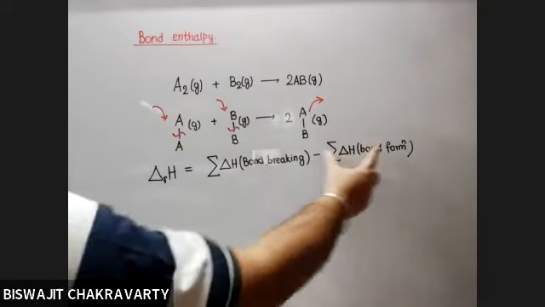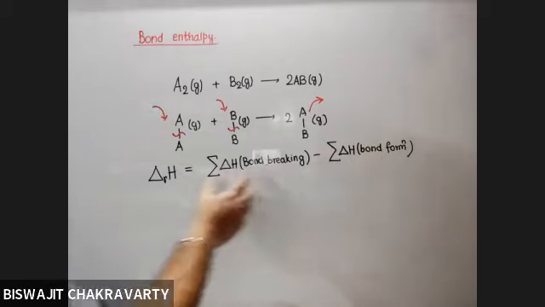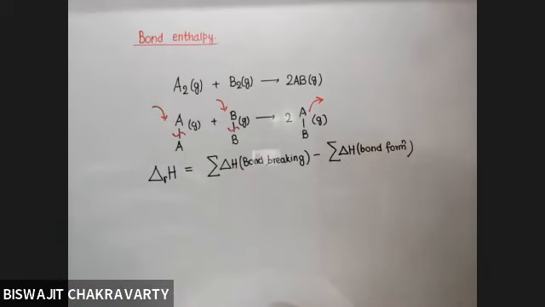If this is greater than this, then only delta H will be greater than 0, or not? Yes, sir. And if delta H is greater than 0, it means it's an endothermic process. That means the net energy will be absorbed, isn't it?